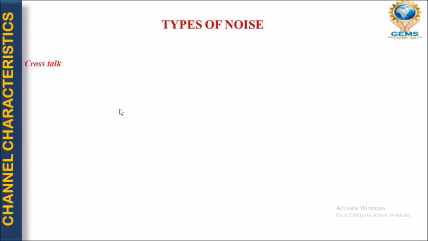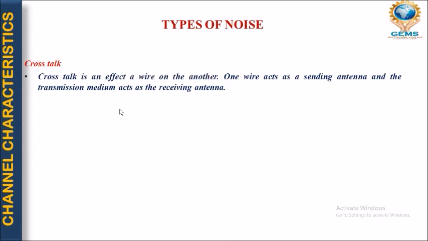Next one is your crosstalk. Let me explain this in Hindi. Suppose आप टेलीफोन पे किसी से बात कर रहे हैं और पीछे से कुछ और लोग बात कर रहे हैं, तो what you will feel, there will be hindrance. मतलब आपको कुछ ऐसा लग रहा होगा कि पीछे से कुछ शोर आ रहा है ना? उसी शोर को, that is basically noise, right? So technically crosstalk is an effect of one wire on another, right? मतलब एक चीज जो प्रोपोगेट हो रही है, उसके ऊपर एक और अनवांटेड चीज आ जाए, then the original message will definitely be altered or affected.